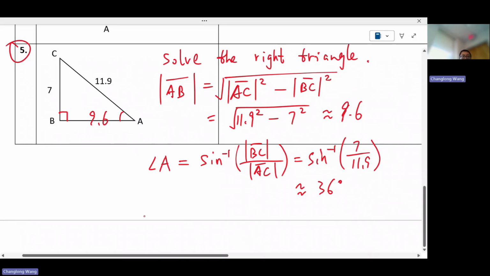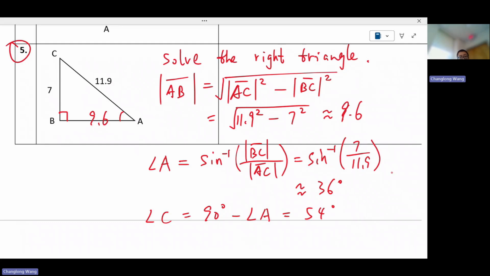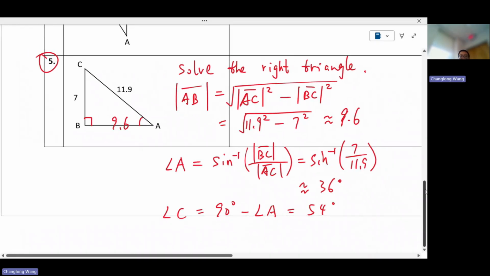Okay. So now for the remaining angle, hopefully you realize that it's nothing but the complement of 36. You could just go ahead and take 90 minus whatever you get for angle A, so it'll get you 54 degrees. But if you insist you want to use an inverse trig function to find angle C, what can I do?